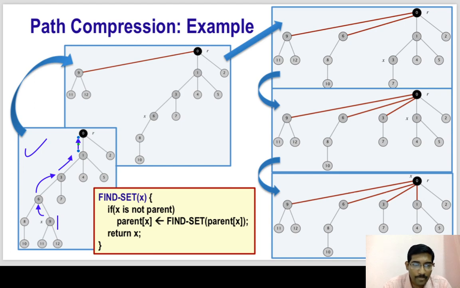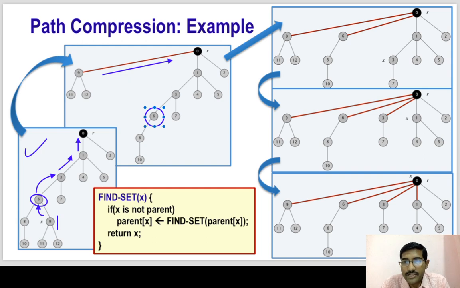So the find set operation recursively will try to do the following: first it tries to make the parent of the node that we are trying to find directly there. Now I will make X point to the parent node, that is this one. Now my X is this.